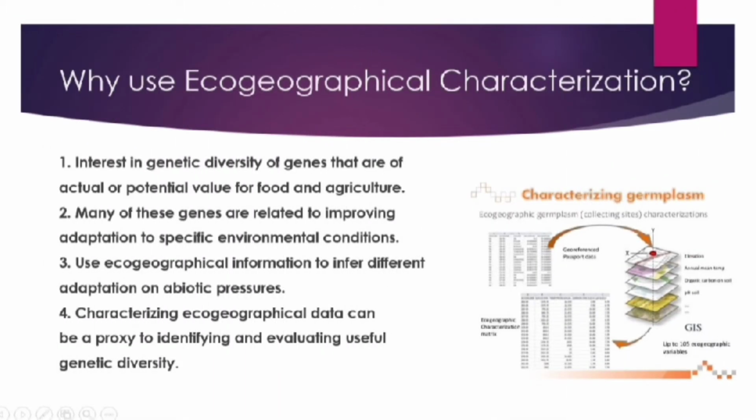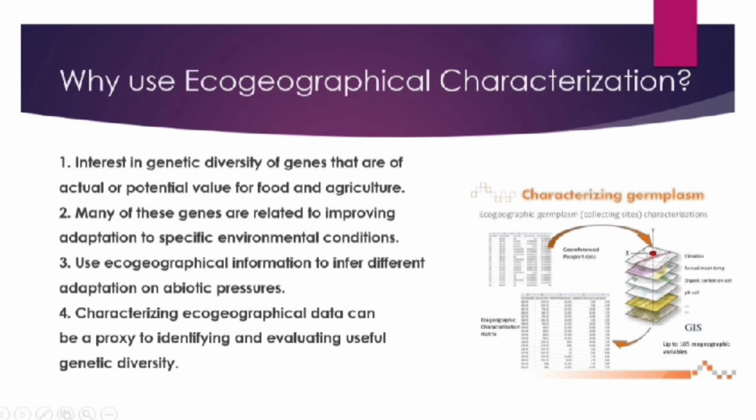There are 4 reasons why we should use ecogeographical categorization. Number 1, the interest in genetic diversity of the genes that are of actual or potential value for food and agriculture. Number 2, many of these genes are related to improved adaptation to specific environmental conditions.